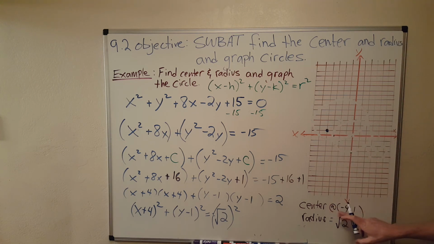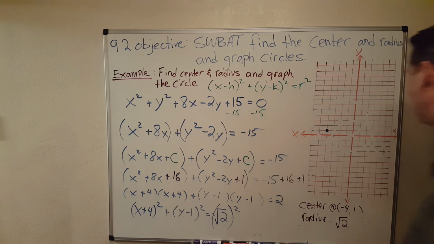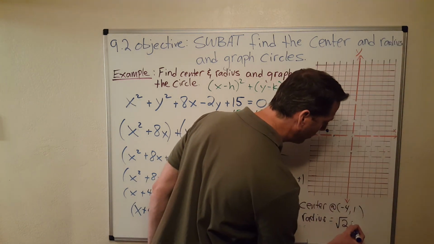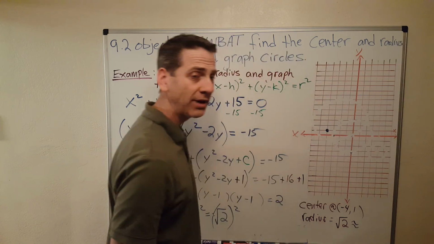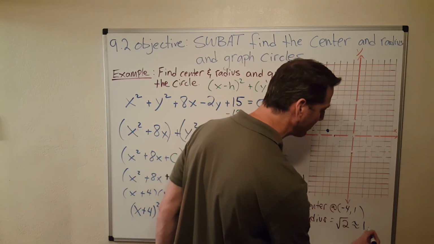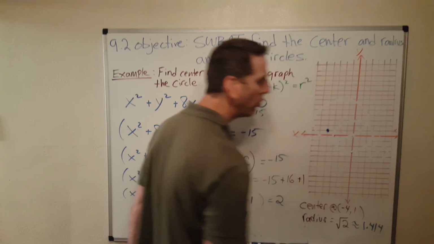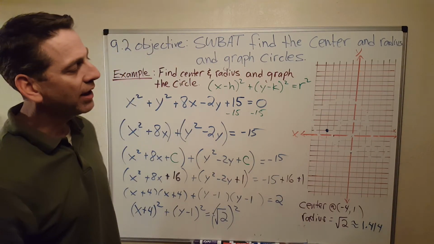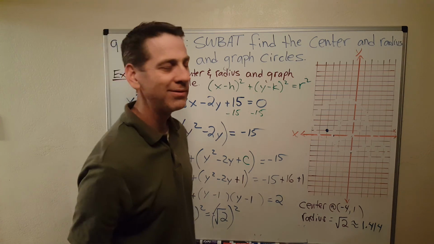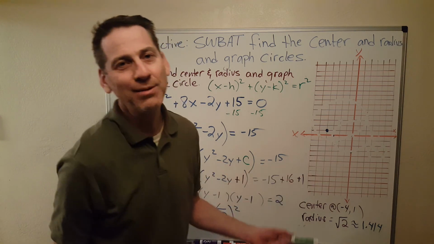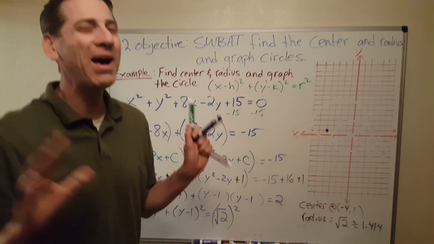And my radius is square root of 2. If you were to find this on your calculator, the square root of 2 is approximately 1.414, something like that. Okay, how about we just call it 1.5? Because graphing, it's not going to be that accurate anyways. Right, so it's about 1.5.